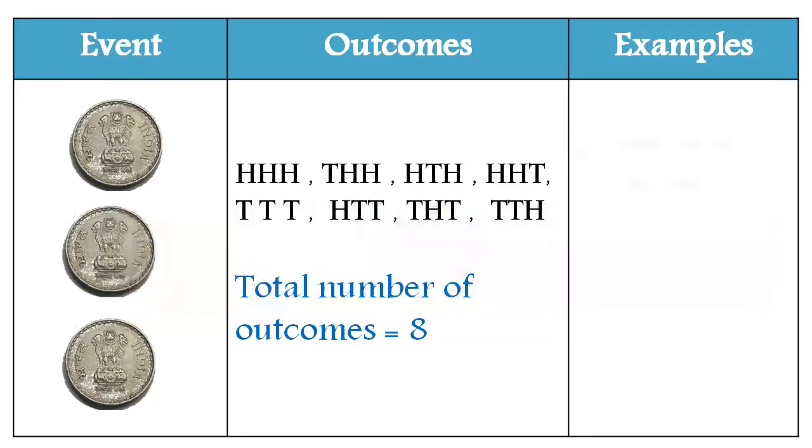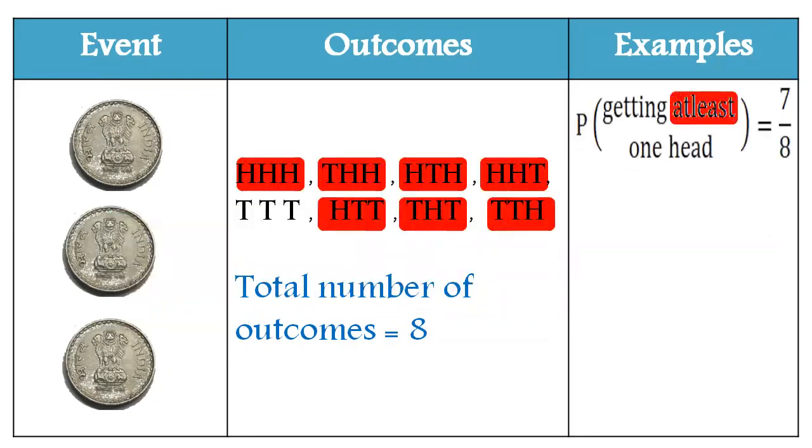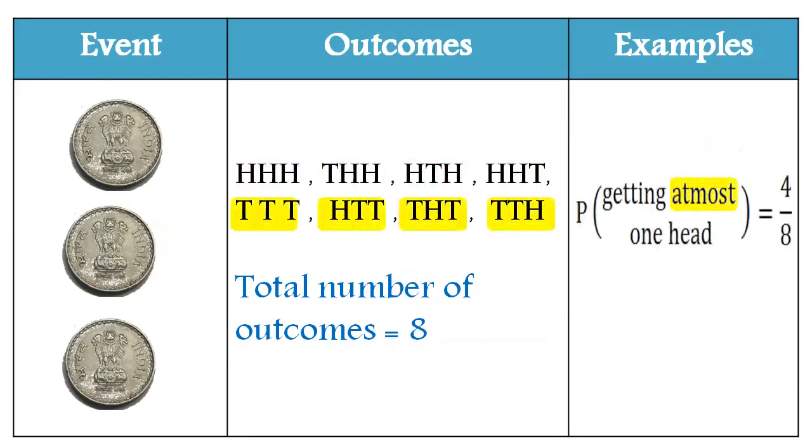Therefore, probability of getting at least one head means the outcomes with minimum one head and more heads will be counted, and it comes as 7 by 8. Probability of getting at most one head means the outcomes with maximum one head and no head will be counted, and it comes as 4 by 8.